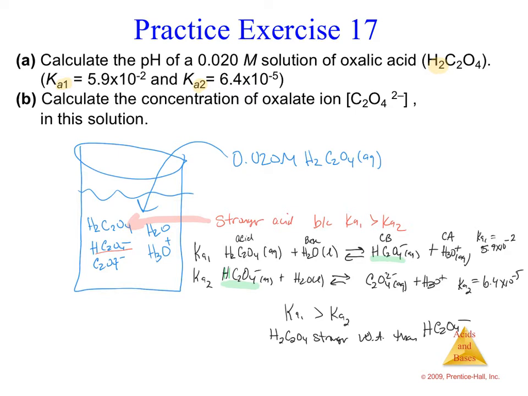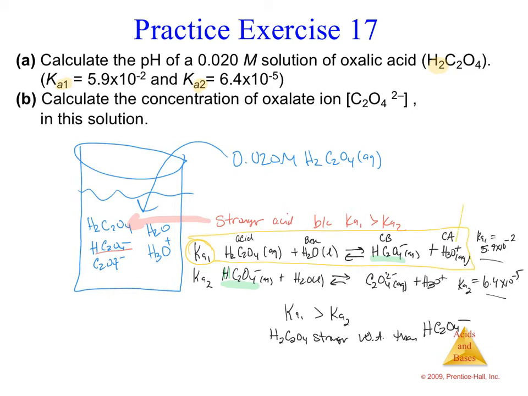Remember, if I have a mixture of acids, I can get the pH of the solution that contains a mixture of acids by focusing on the stronger acid only. What does that mean? That means if I have a polyprotic acid where Ka1 is significantly larger than Ka2, I can focus on my Ka1 reaction to find the pH.